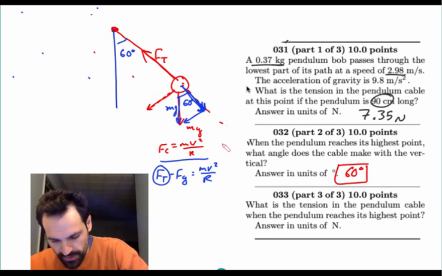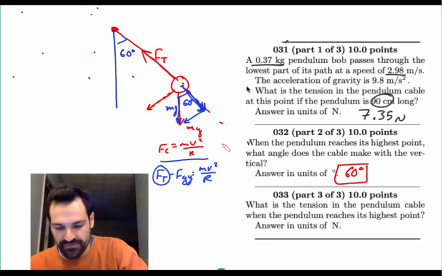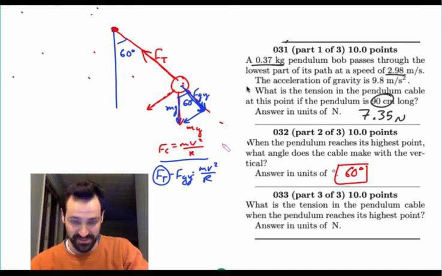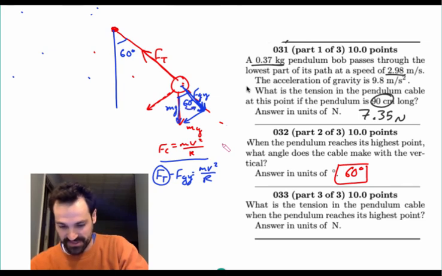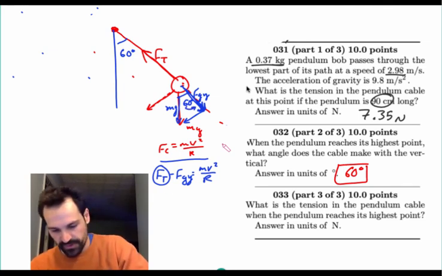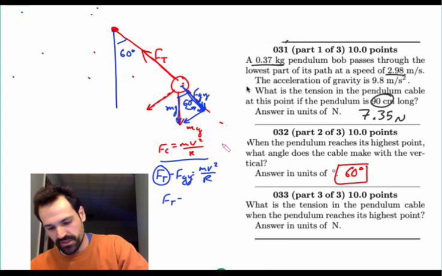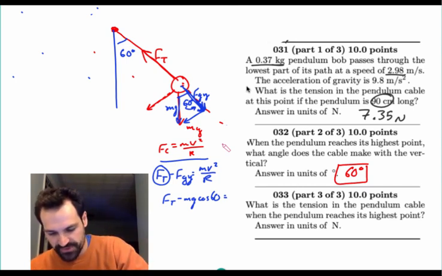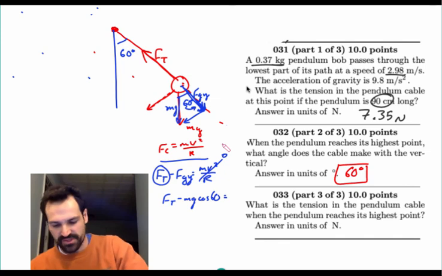And I want to point out that this Fg is not the full Fg, but rather Fgy, which is going to be mg cosine 60, because cosine deals with the adjacent side, and it's adjacent to the 60-degree angle. So Ft minus mg cosine 60 equals mv squared over r. Well, what's the velocity at the top point? It's 0. At position C, the velocity is 0.